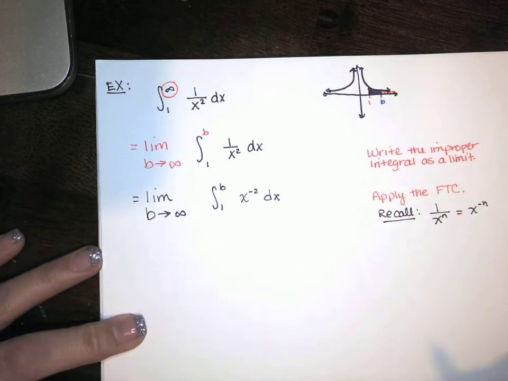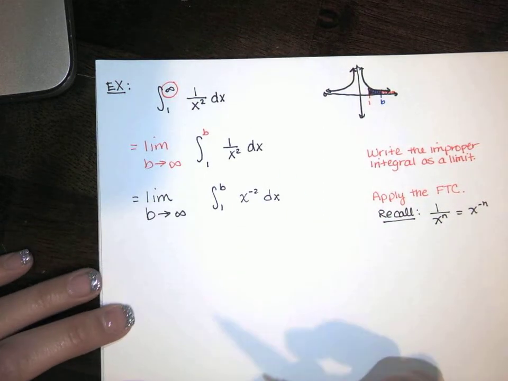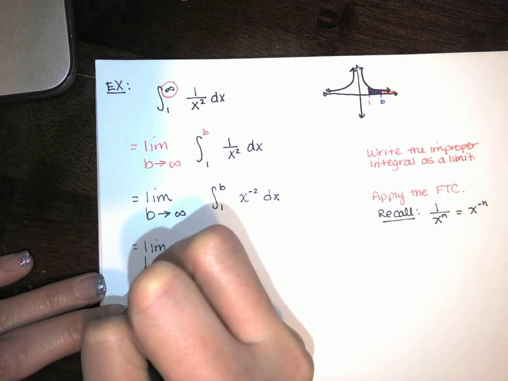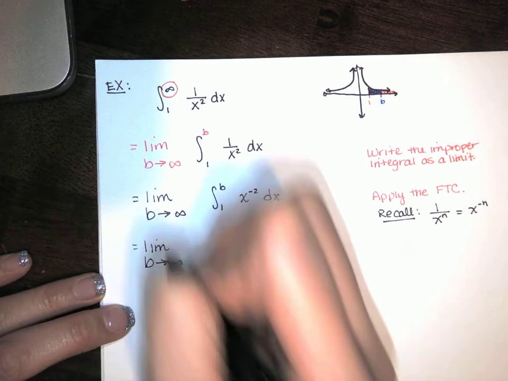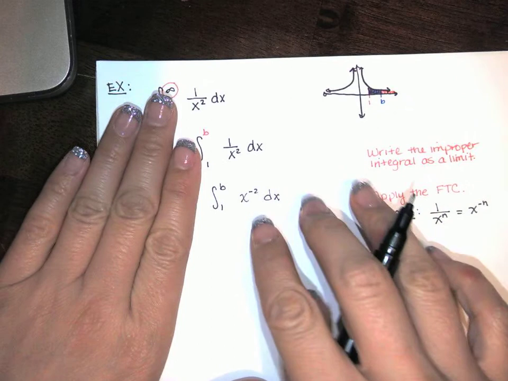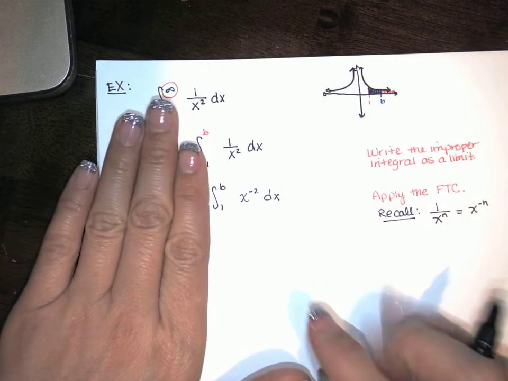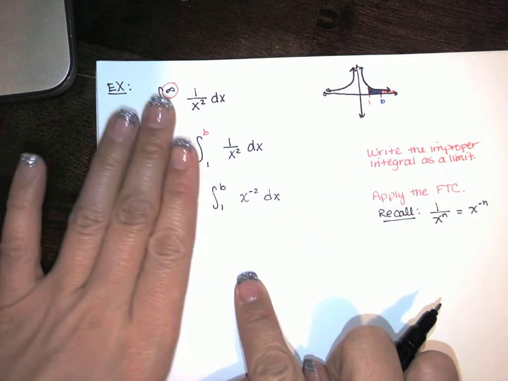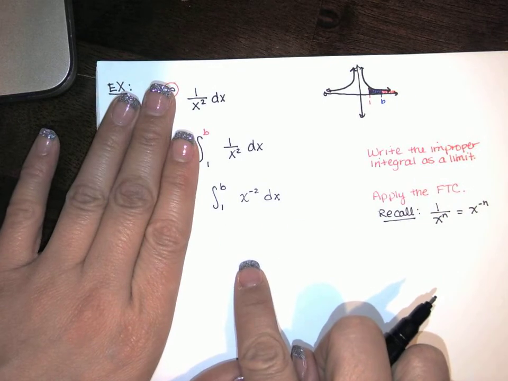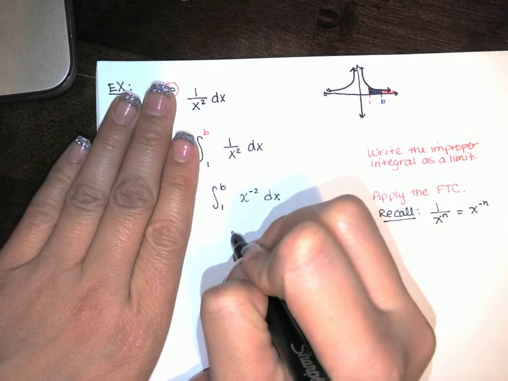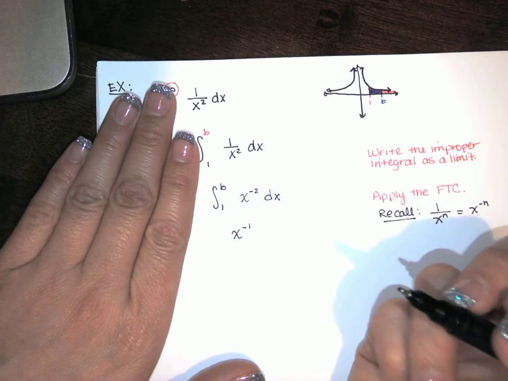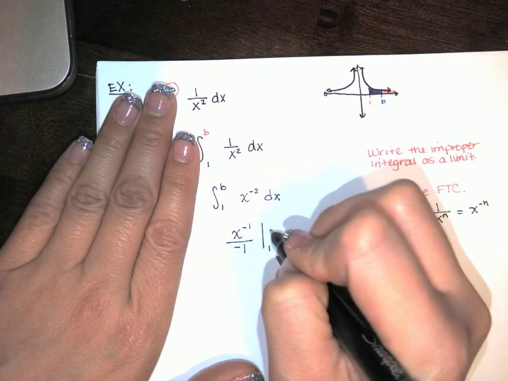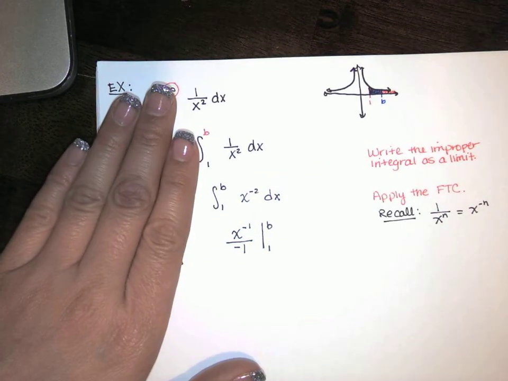And now we'll take the antiderivative, because I can just use the power rule. I'm bringing my limit along so that everything is nice and equal, but I'm not really doing anything with it. I'm just sort of focused over here. If I could, I would just gray all of this out and focus here while I'm applying the fundamental theorem of calculus. So we take the antiderivative, add 1 to the exponent, divide by the new exponent, and then substitute in 1 and b and subtract.